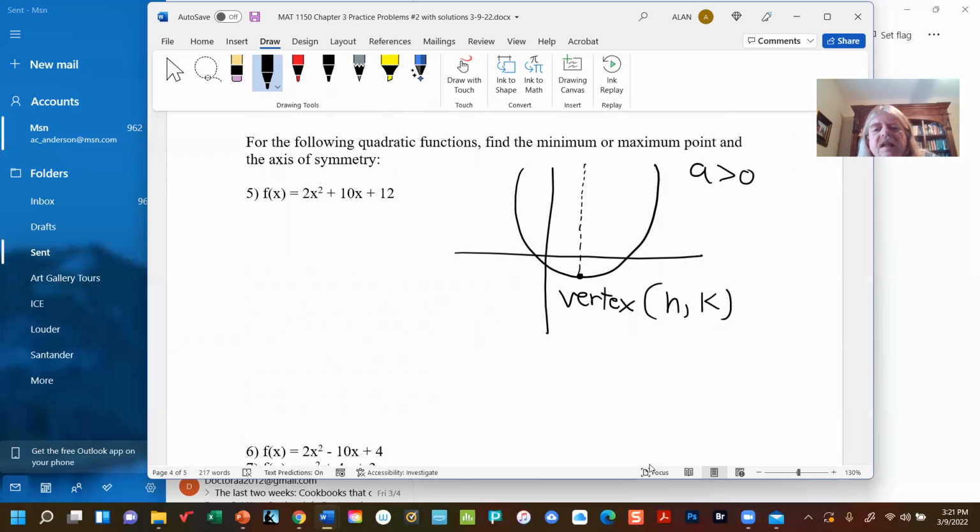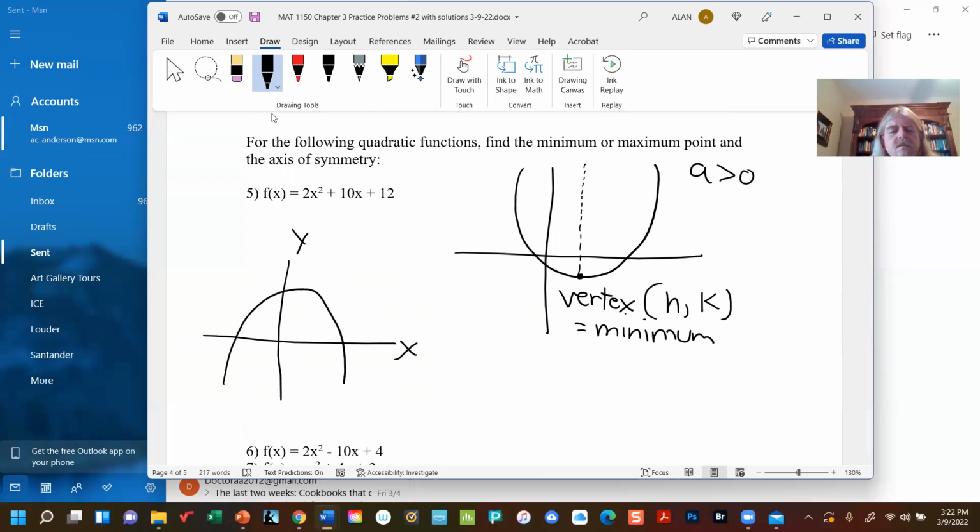Now, in a case like this, the vertex is the minimum. There is no maximum in this case, because the parabola goes up to positive infinity. When we have this situation, let's say our vertex is here.